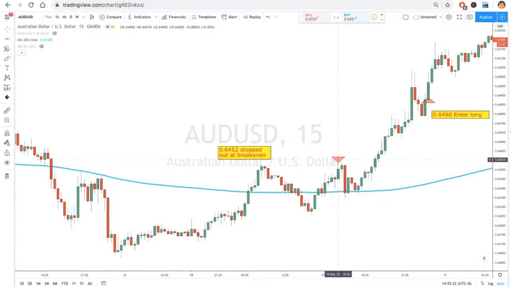We sold the Aussie USD at 0.452, and before the live stream ended, price was on the 200-day moving average, and we decided to shift the stop loss to break even, so we are able to have all the way down, but it didn't happen.